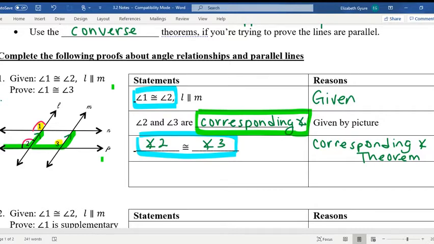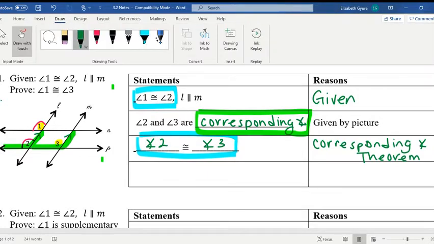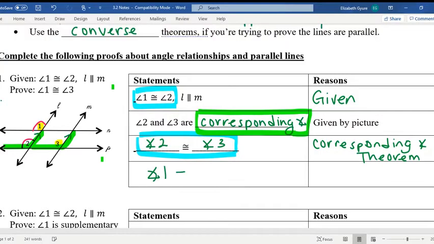Doesn't do me any good to just say it all the time. They're congruent. Yeah. So say that angle 1 is congruent to angle 3. Anyone remember if you can say 1 and 2 are congruent and 2 and 3 are congruent, what property lets you then tie 1 and 3 together? Transitive. Good.